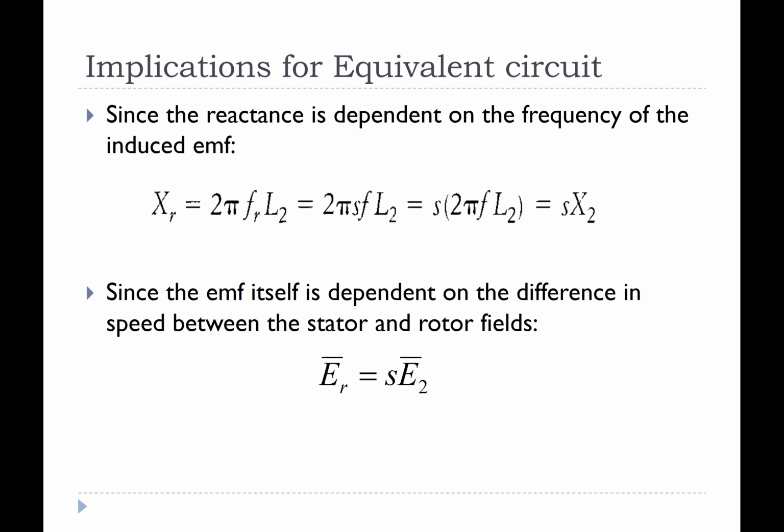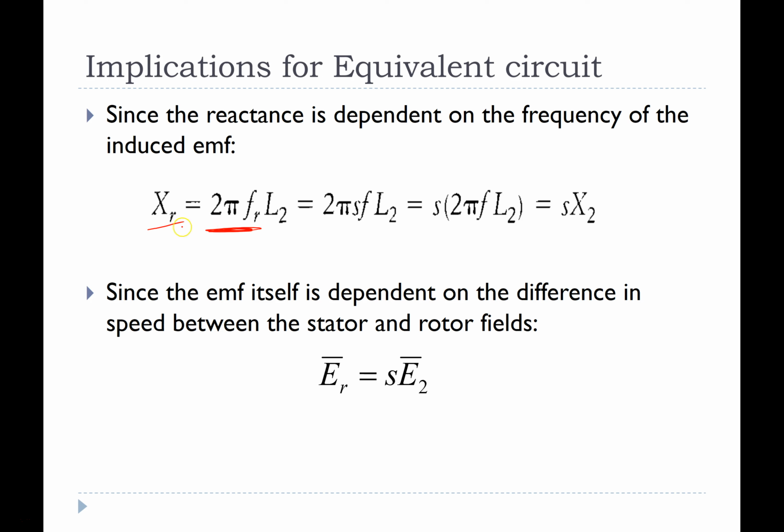Now, because we have this difference in frequency, we are going to get some differences in the parameters that we would have calculated for the locked rotor case, where the rotor is stationary. Because remember, you have all these parameters like reactance which are dependent on the frequency.